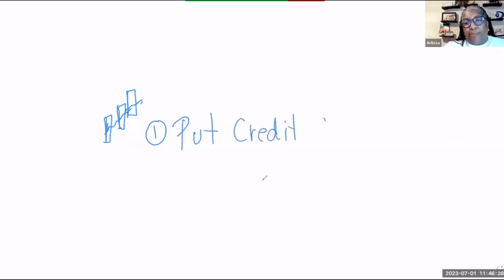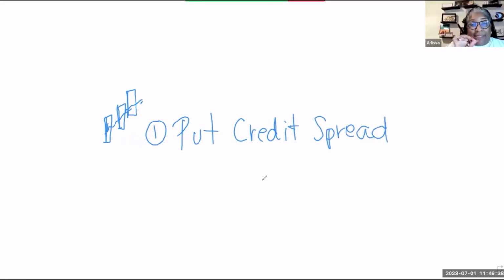Okay, your first step here is going to be which? A put credit spread or a call credit spread? Which one are you going to do first? Put. Yes, you're going to do a put credit spread first because you're believing that price is going to continue to go up higher.